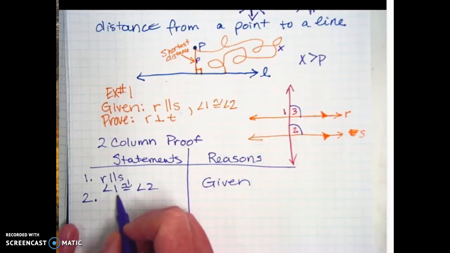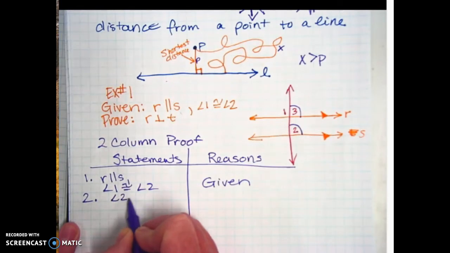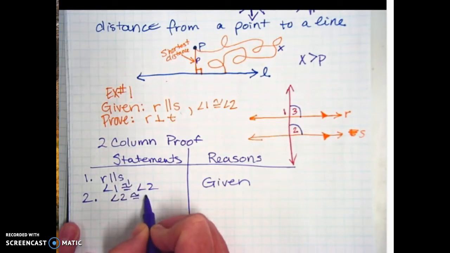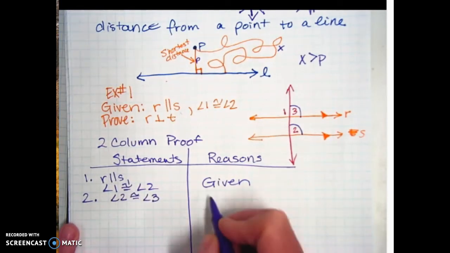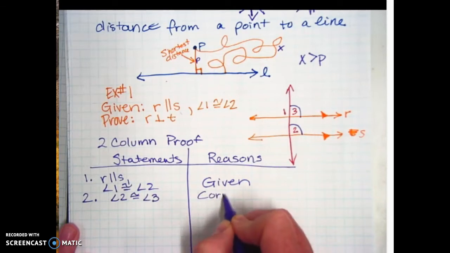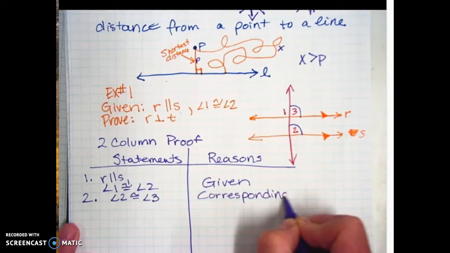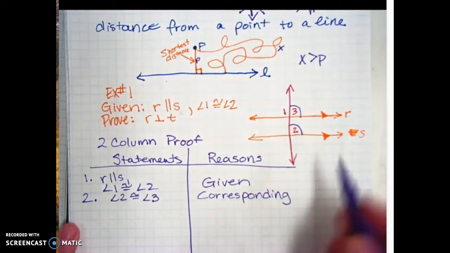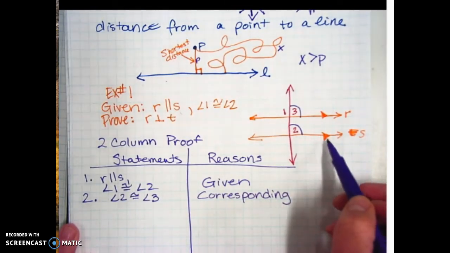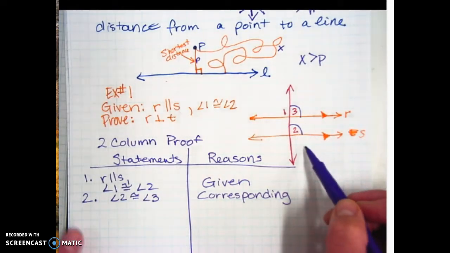Corresponding, okay? So we're going to say that angle 2 is congruent to angle 3. Why? Because they are corresponding. And if those lines are parallel, which they are, then they should be congruent.